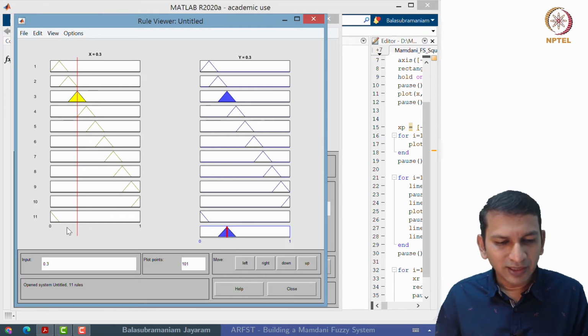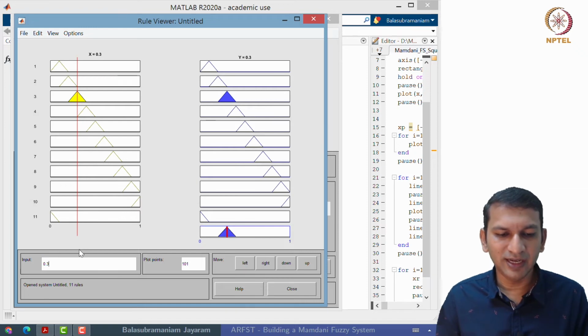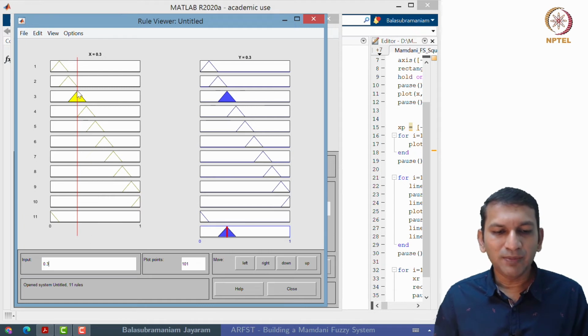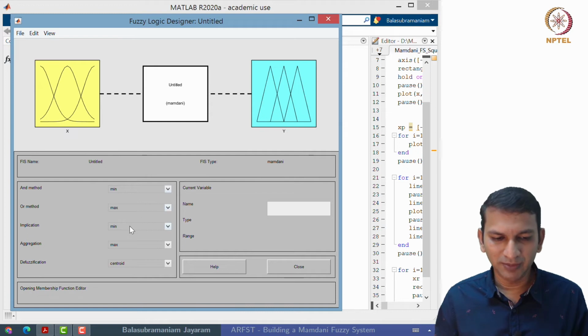Now, if you look a little deeper inside this, what are we doing here? Now, this is at 0.5. You can look at this straight line, this red line, as actually the singleton fuzzification. So now what happens is at point 3, it takes the value 1 in this fuzzy set and nowhere else, because we have a Ruspini partition here with triangle membership function. And so the similarity value is 1, and we look at the modification. The modification is minimum.